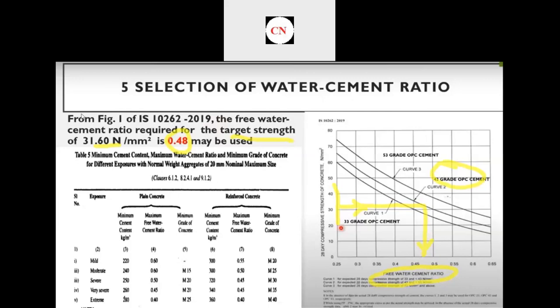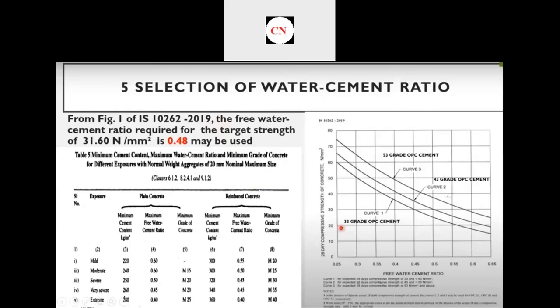The second criterion is based on the durability aspect. For the durability aspect, we have IS 456. In the usual procedure also we have used this particular table from IS 456. This is an abstract from IS 456, and Table 5 should be referred to in order to select a particular water cement ratio depending upon the durability.